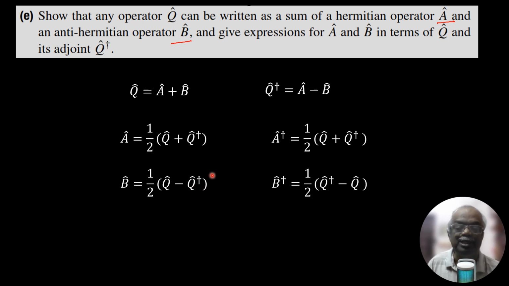But here, because this is an anti-Hermitian operator, you have to keep in mind that P† is minus P. If you multiply this by minus 1, then it will become Q† minus Q.